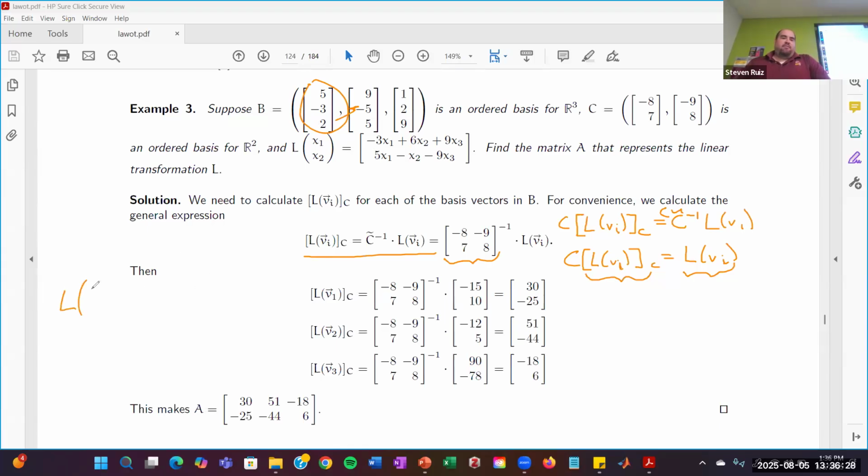So L of 5, negative 3, 2 is equal to negative 15, 10. L of 9, negative 5, 5. And if you want, you can verify each of these, but we know that L is a transformation that maps three-dimensional vectors to two-dimensional ones. And then L, 129.